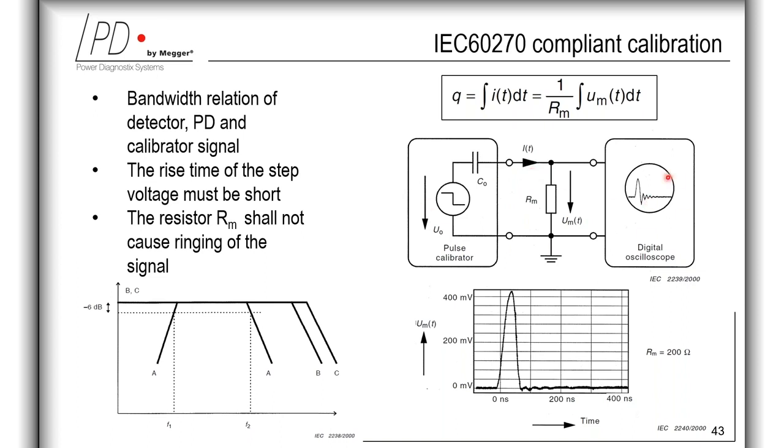This figure is showing the circuit to calibrate a charge calibrator. Here the resistor RM should be chosen not to produce a ringing of the signal. Also, during the calibration process, the leads must be kept as short as possible. And here you see the voltage drop across this resistor; in this case, it's 200 ohms.